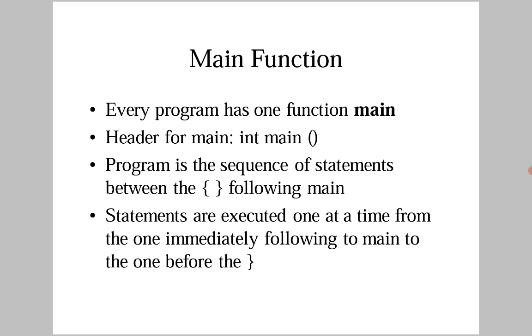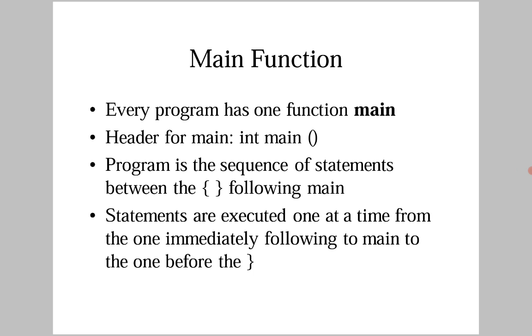What is a program? A program is nothing but a sequence of statements written in between two braces following main. Statements are executed one at a time, from the one immediately following main to the closing bracket.